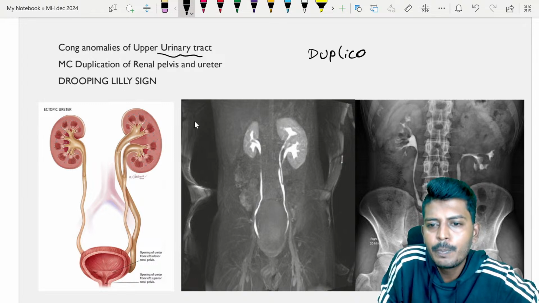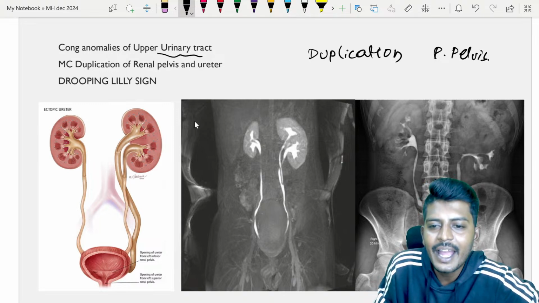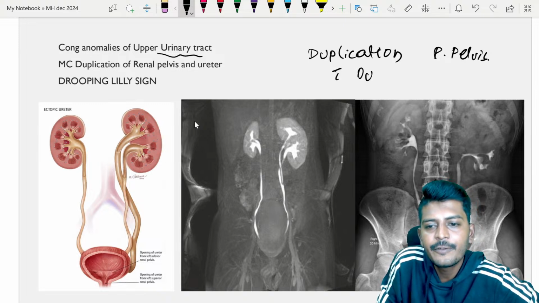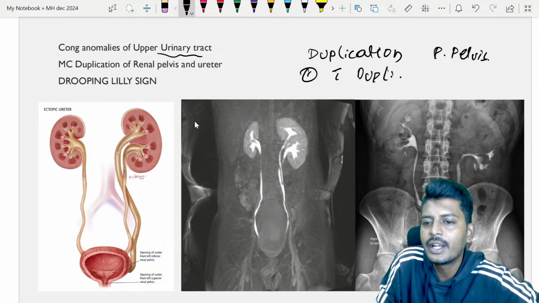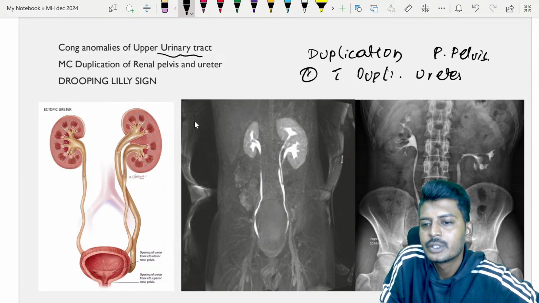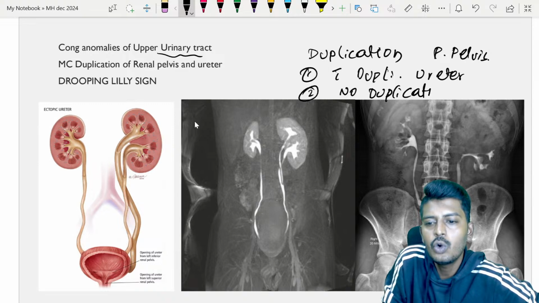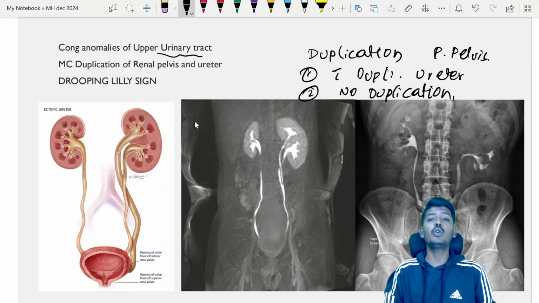It can be with duplication of ureter, possibility number one, or possibility number two, without ureter duplication. Both of them are possible.